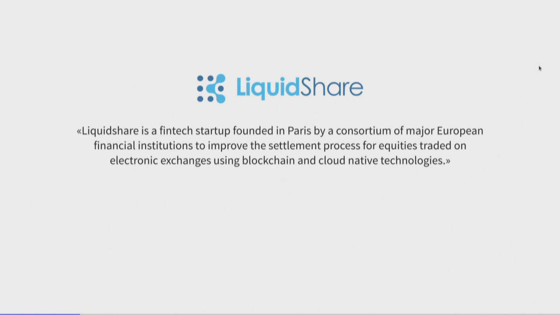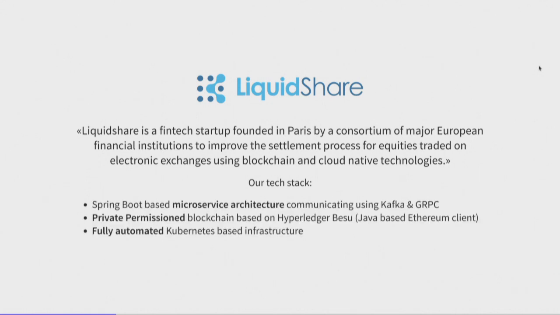At Liquidshare, we want to simplify the way trades are settled on the stock market, and for that, we're using blockchain technologies. Our tech stack is composed of a Spring Boot-based microservice architecture using Kafka and gRPC, and a private permissioned blockchain based on Ethereum. And we're also running a fully automated Kubernetes infrastructure with Istio and so on.